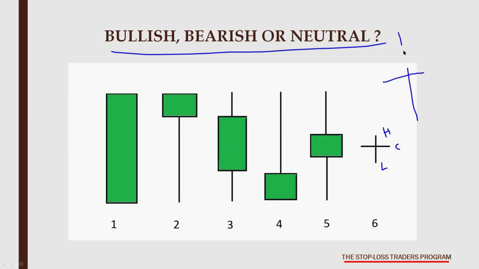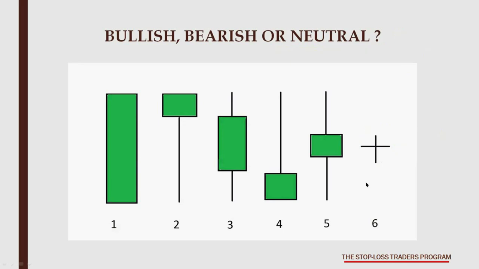Between the open and close is the body. And the wicks are represented as the difference between high and close, open and low, high and open, and close and low, as you can see in this slide. All right, this is how the candlestick forms.